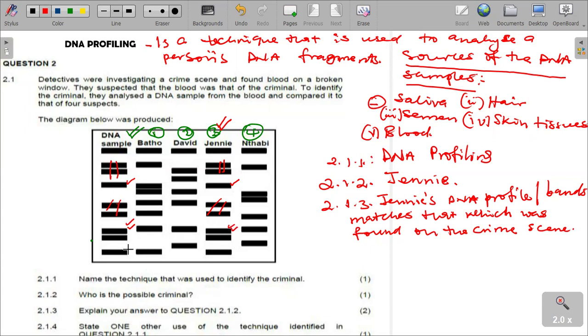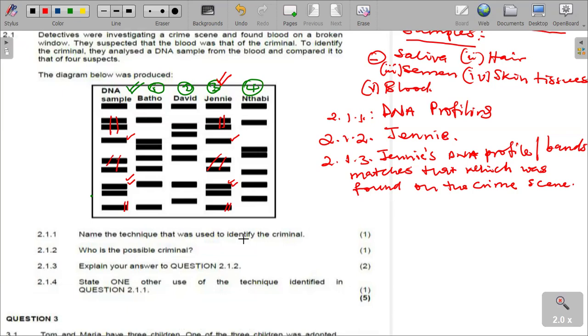And then eventually there is 1 bar here, which is also 1 bar there. So this is showing that this DNA sample or DNA bands or profile that was found for Jane is a possible criminal as a result of the matching bars, the matching profiles that are found there.